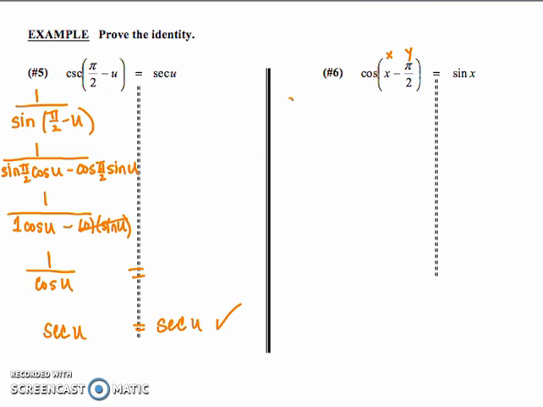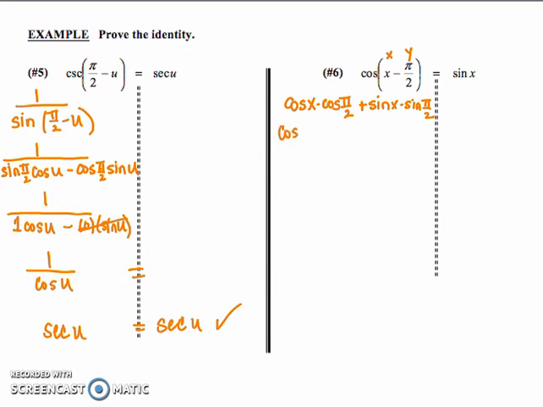So this is going to be cos x cos pi over 2 plus sine x sine pi over 2. Okay. And again, we just did this. Cosine of pi over 2 is 0.